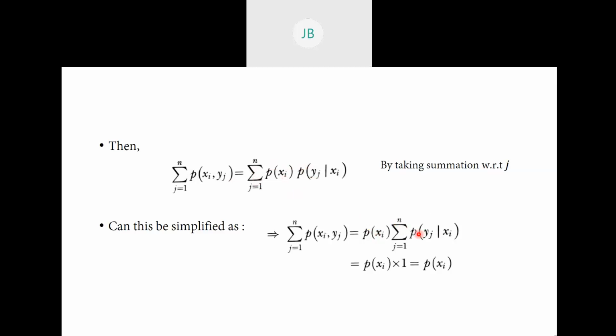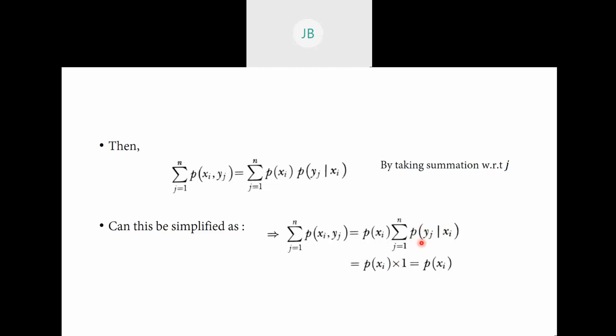Now in the next step, we can further simplify this. That is P of xi, as it is here, and this entire term is equal to 1. Why? Because if you see the conditional probability of output for known values of the input, and you sum them up, that is, j represents the output or the column, then the total summation will give us 1.